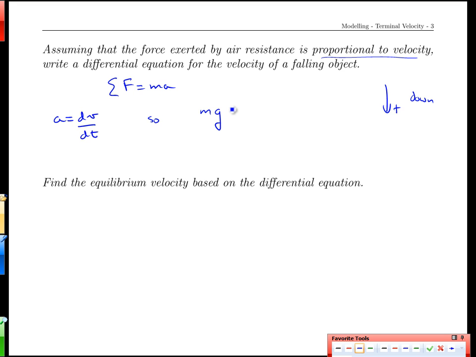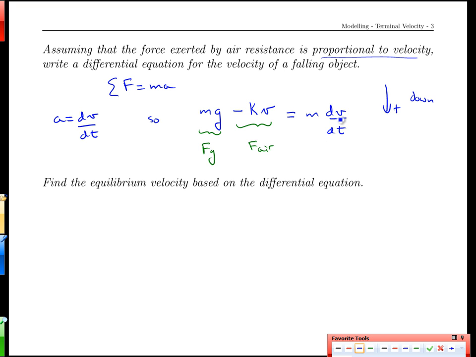And then we'd also have minus a constant times the velocity. So these are our two forces. This is our gravity force, and the air resistance is acting in the upwards direction in this case. And that would equal our mass times acceleration, which is dv/dt.